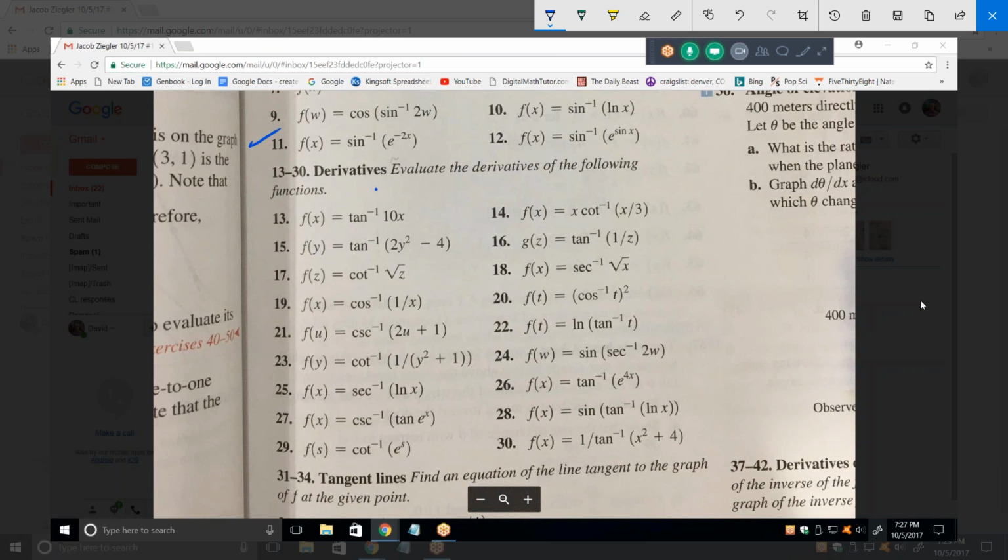So it would be 1 over the square root of 1 minus e to the negative 4x. I was going to write it like this just to be clear about what we're doing. And that is e to the minus 4x times what? And that would be times just e to the minus 2x.